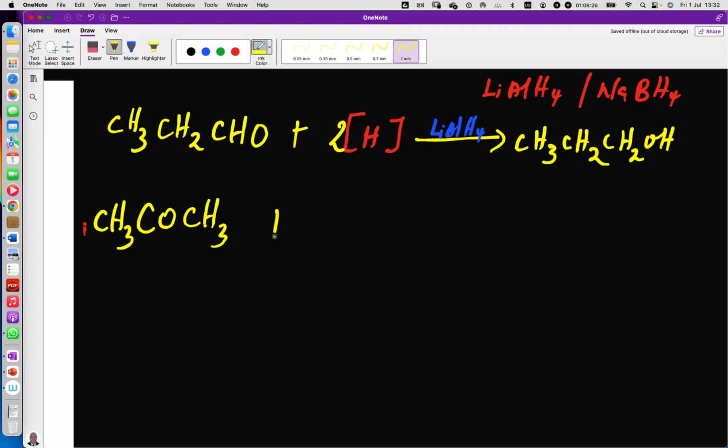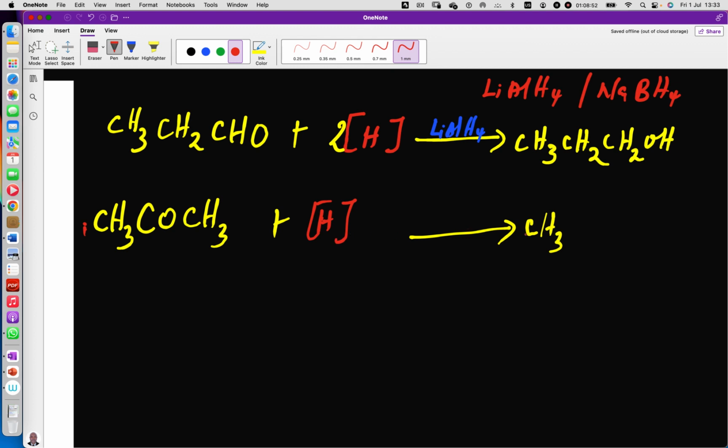A ketone can be reduced, using the same condition, to what we call secondary alcohol, CH3 CH3. Hydrogen is required. The hydrogen that is required will be this one.